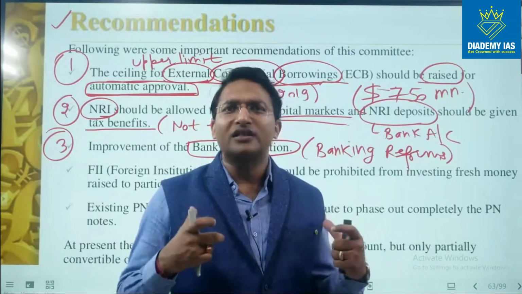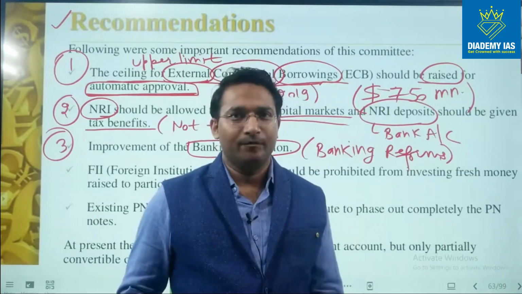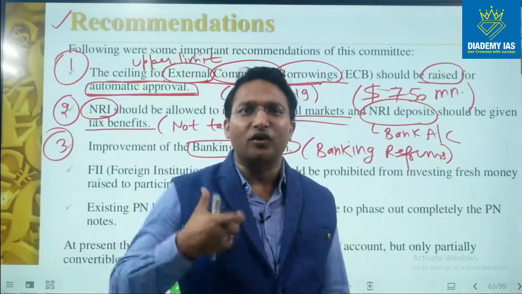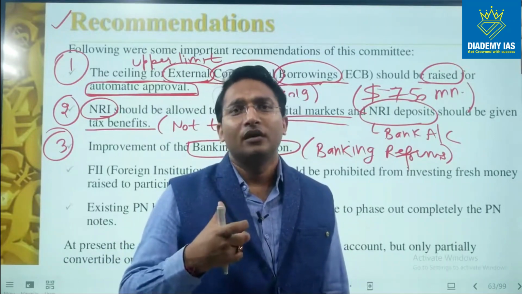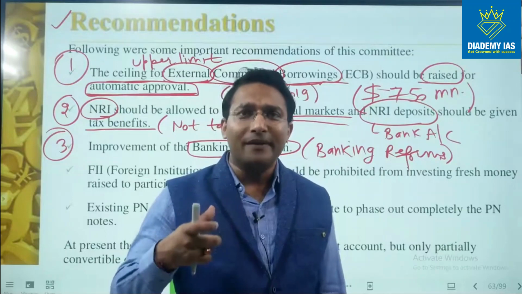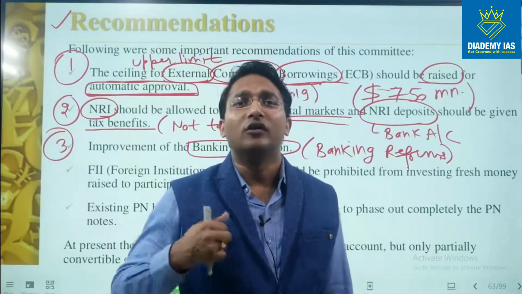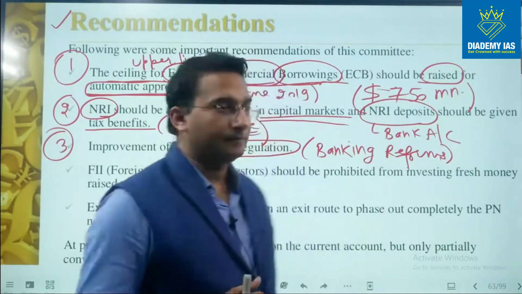So all these things need to be kept in mind. This kind of bank regulation should be enhanced, because if there is a strong banking system, then fuller capital account convertibility will have low risk.